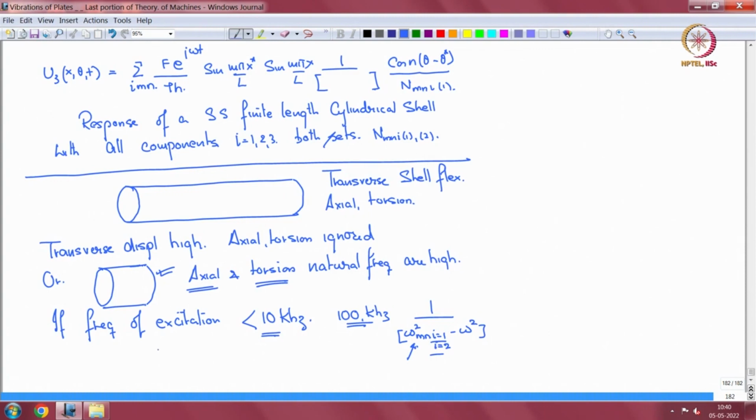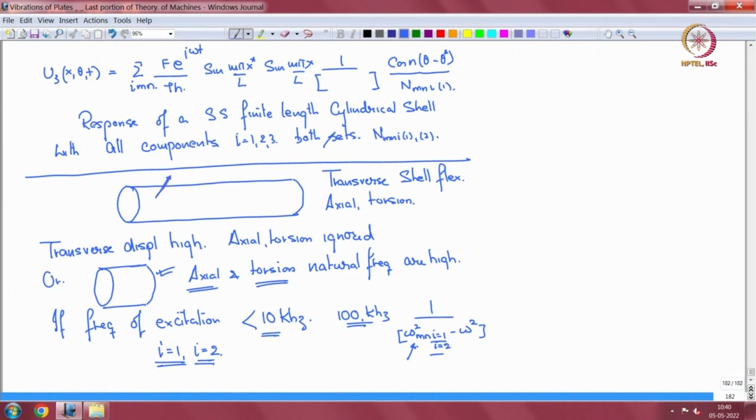So I1 and I2 can be ignored, especially if you are exciting in the transverse direction.